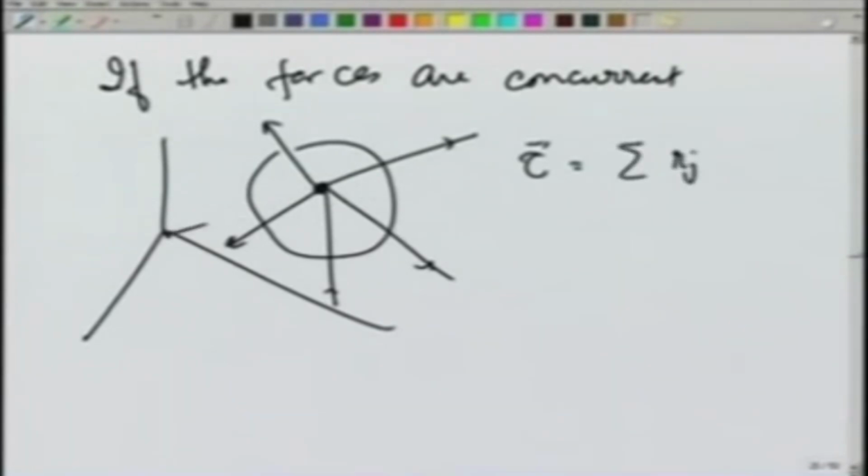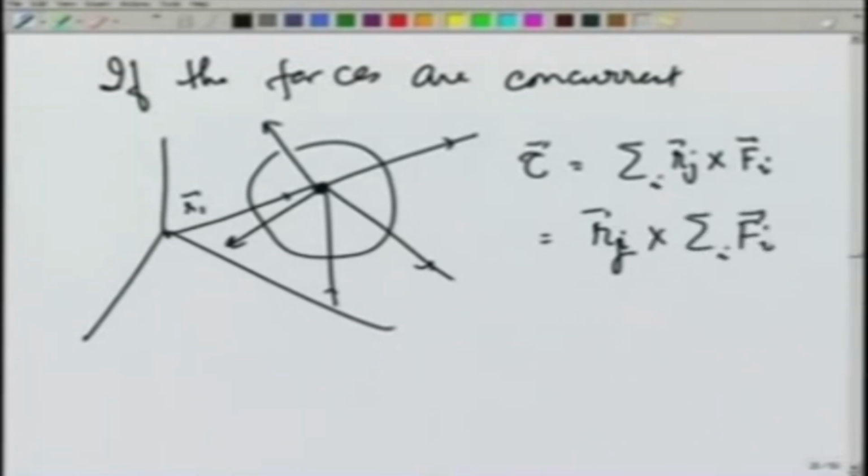Let us call this Rj cross Fi, which is equal to Rj, which can be taken out because it is the same for all forces, cross Fi, which is nothing but Rj cross F total.